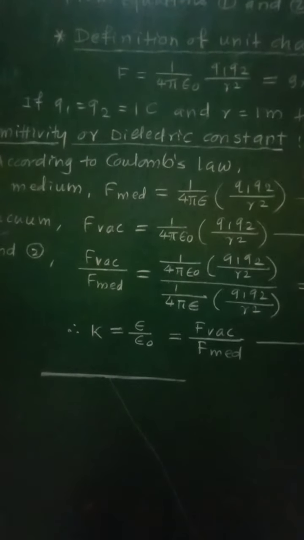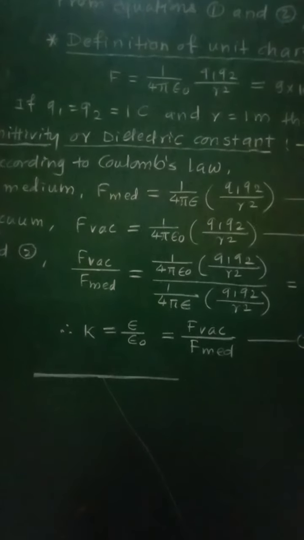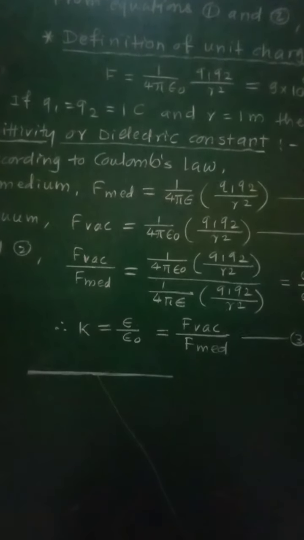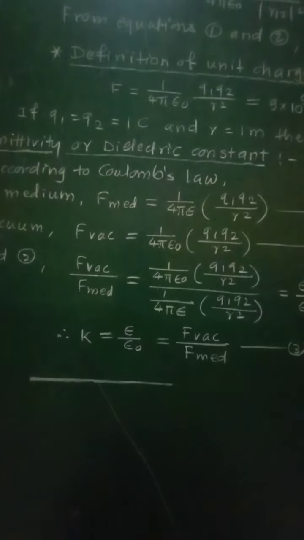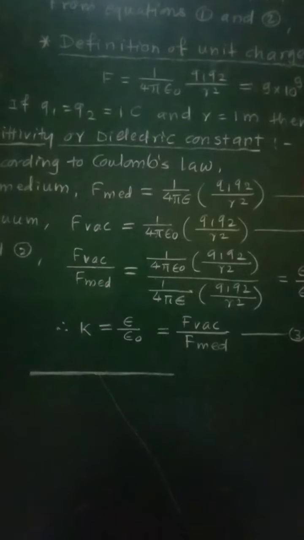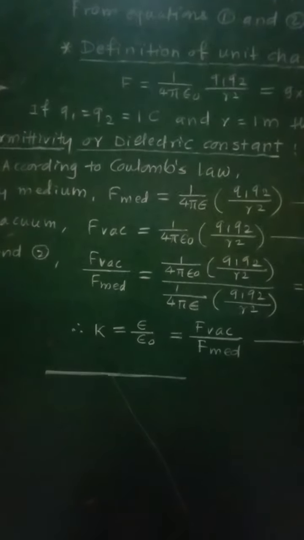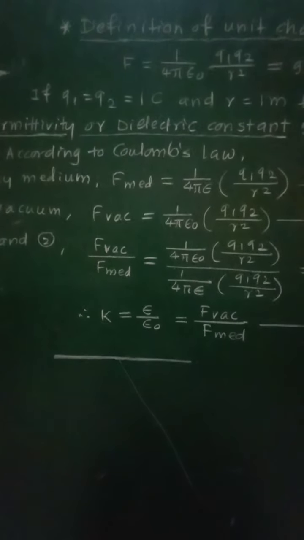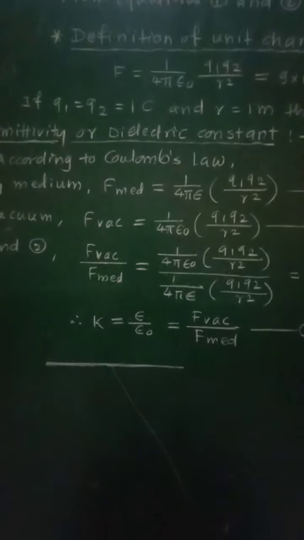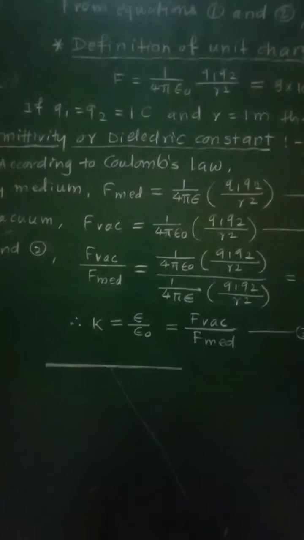Second, the relative permittivity or dielectric constant K is the ratio of the force between two point charges placed at a certain distance apart in vacuum to the force between the same two point electric charges when placed in a medium at the same distance. Third, the relative permittivity or dielectric constant is also called the specific inductive capacity.